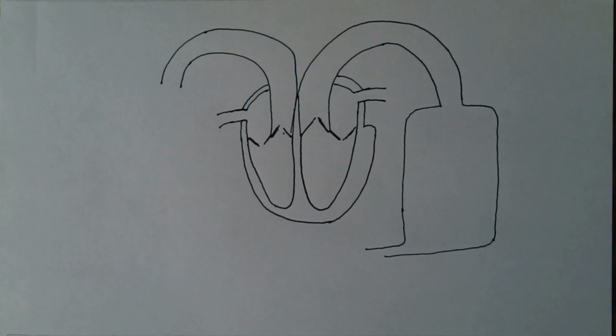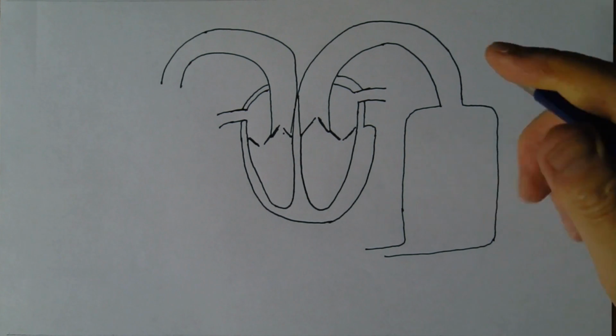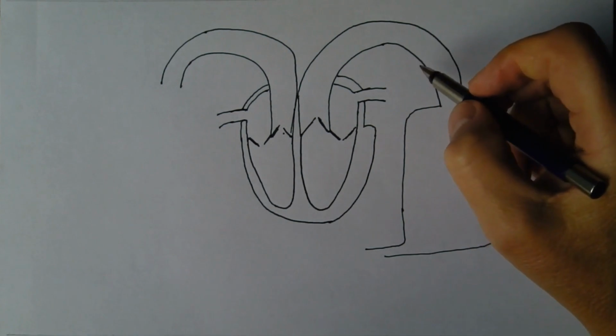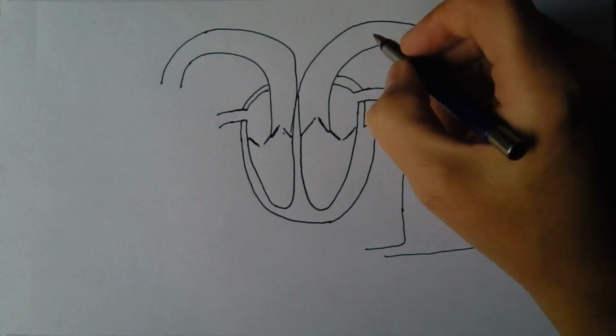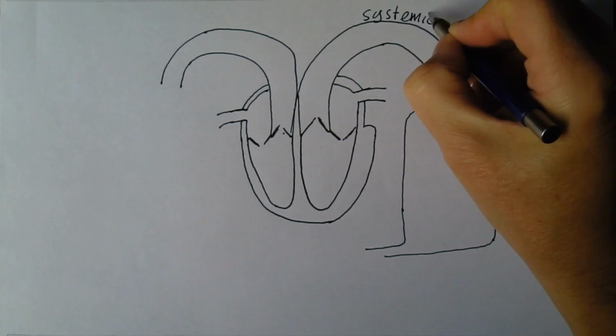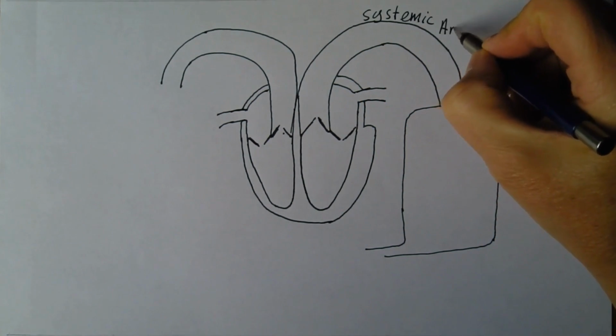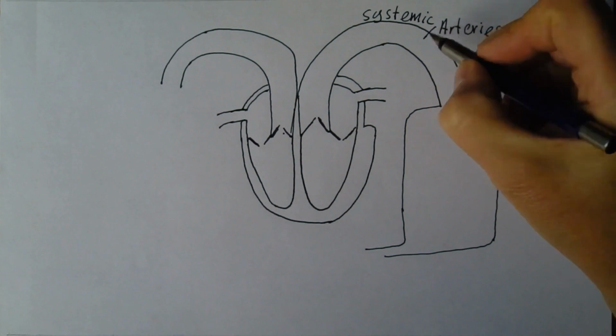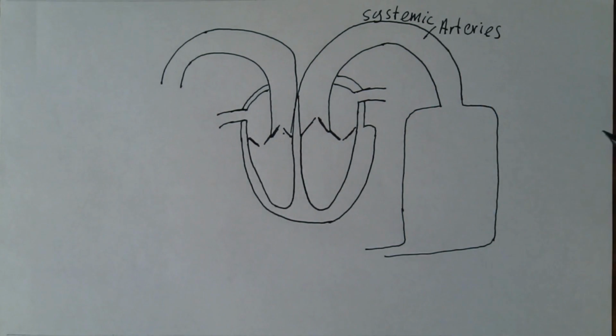It also includes your legs and your arms and your brain. It's all the systems of the body here. So for this reason, we call these the systemic arteries. So these are the systemic arteries. The aorta is the first of the systemic arteries.